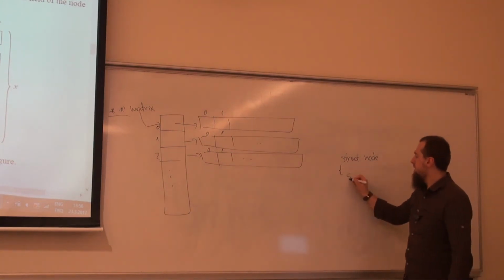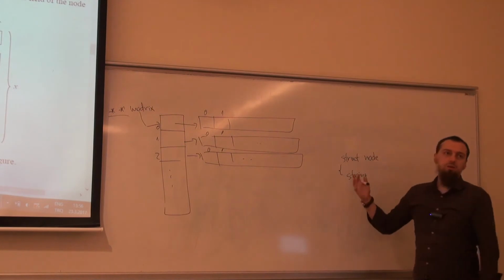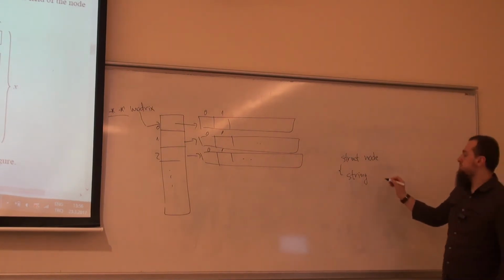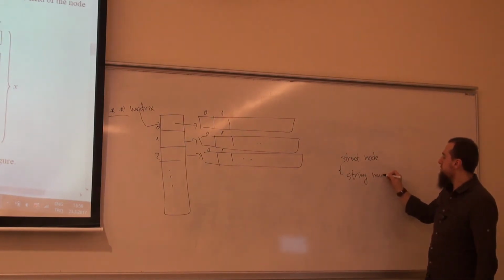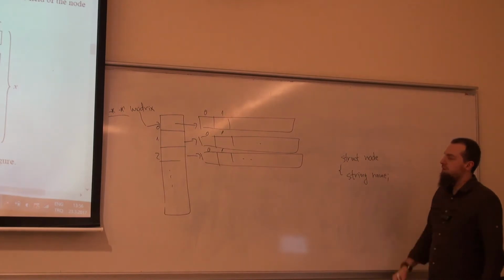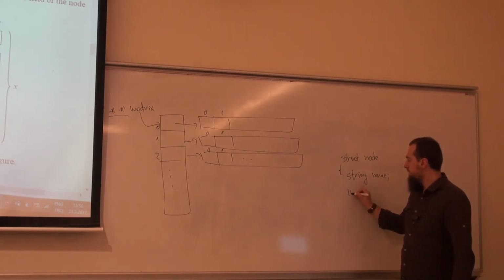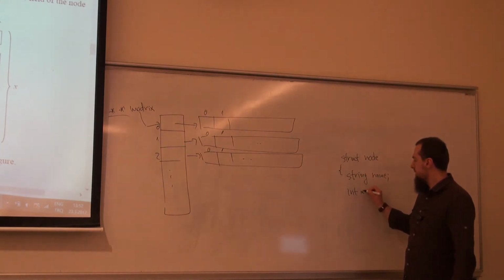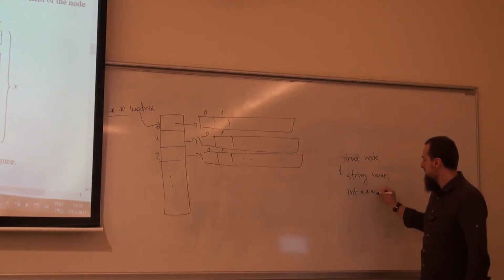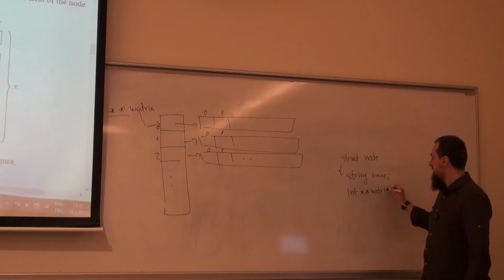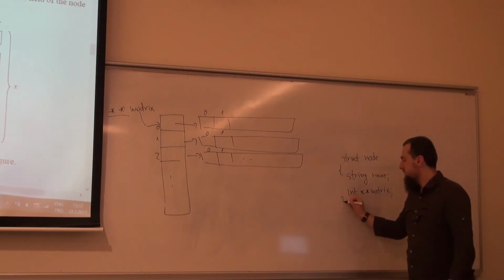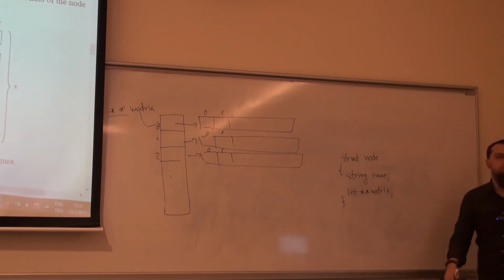String. Let's say that the name of that string variable is name. And what else do we have? We have a pointer to a pointer of what type? Integer. Let's call that pointer matrix. So this is our structure.